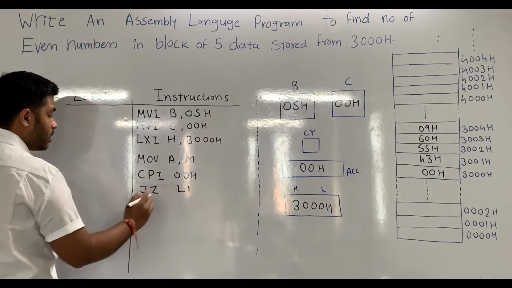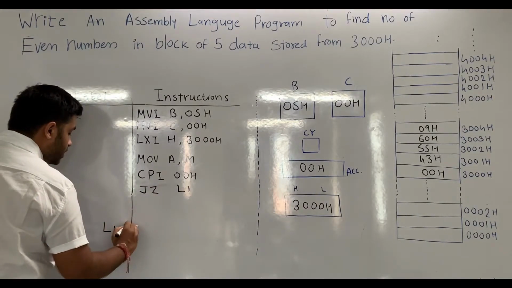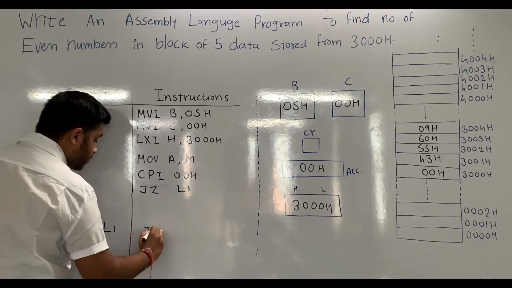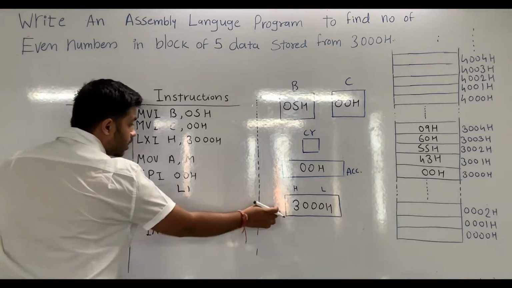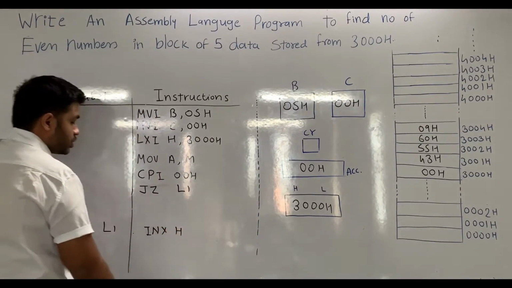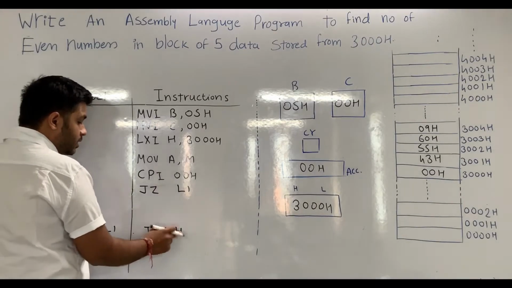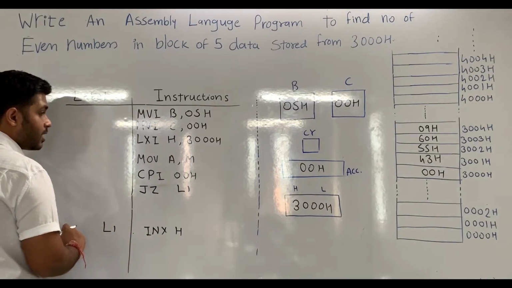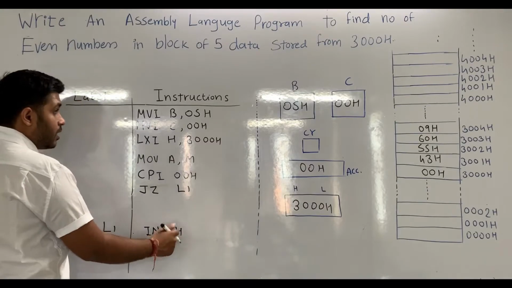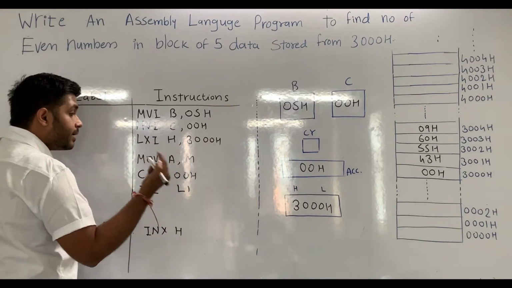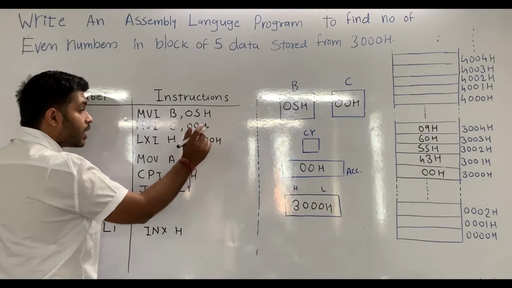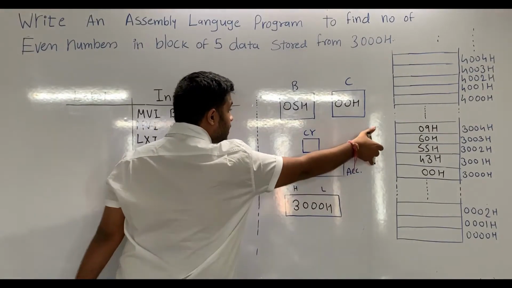And in L1, what we are going to do is increment the pointer, that is INX H. Then we will decrement the count, because from the 5 data we have checked 1 data, so the remaining data is 4.